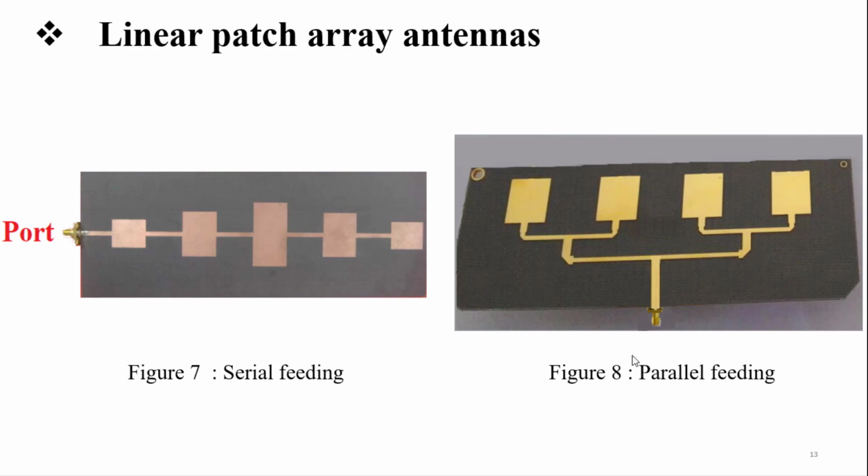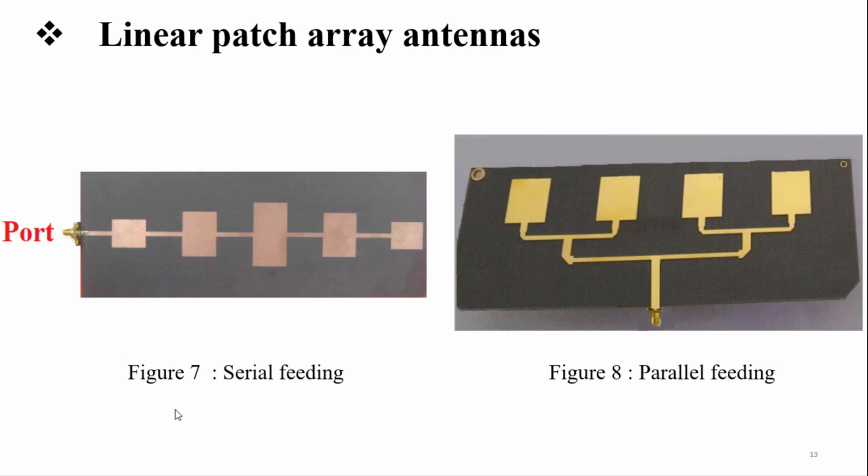But in figure 7, the first element is nearest to the port of excitation, and the second is nearer than the third, and so on. So that is the difference between these two types.